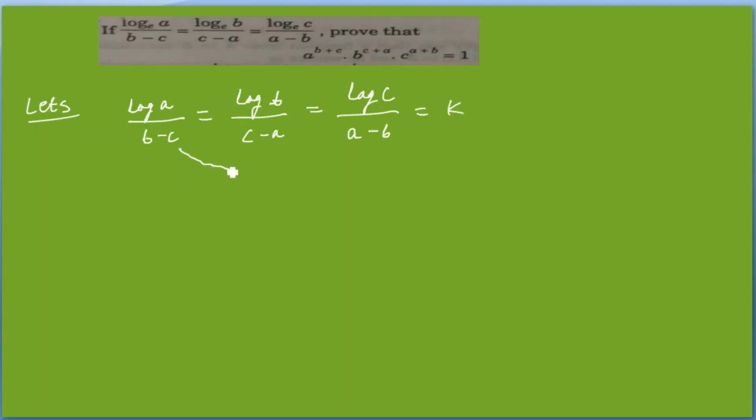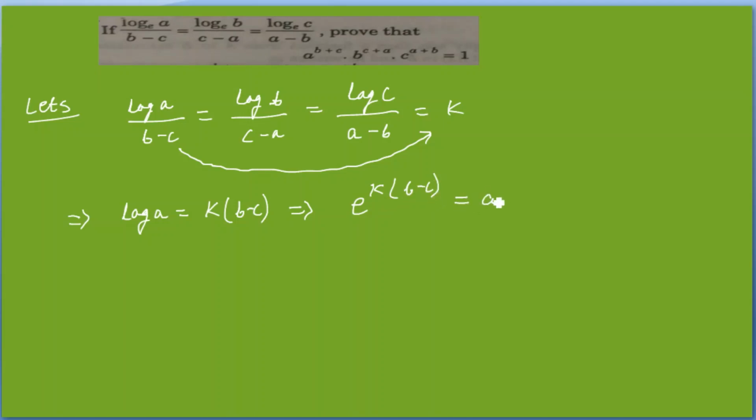Now comparing these terms, we can write log a is equal to k times b minus c, or manipulating it, we can write e to the power k into b minus c is equal to a.